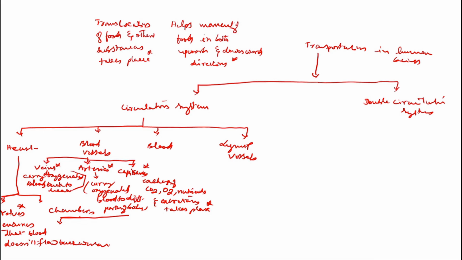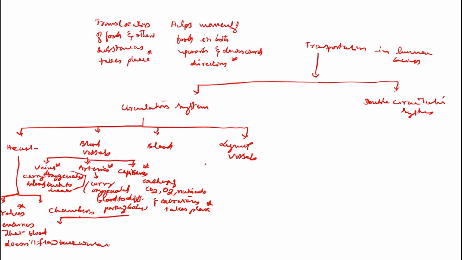Veins carry deoxygenated blood to the heart, and arteries carry oxygenated blood to different parts of the body. Capillaries, where exchange of carbon dioxide, oxygen, nutrients and excretion will take place. Okay, all are very, very important.